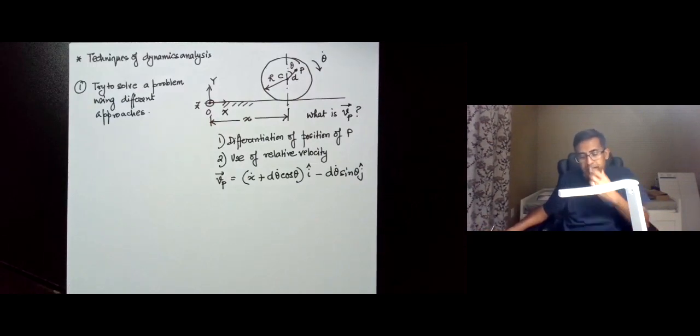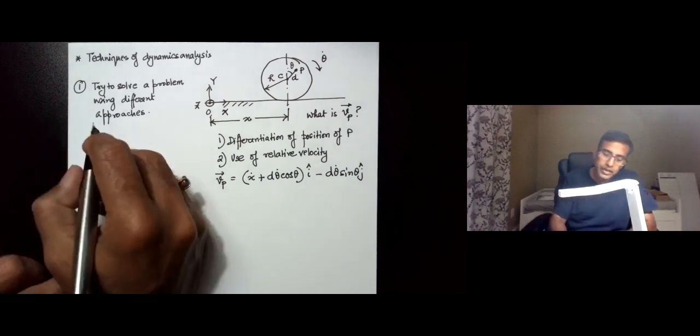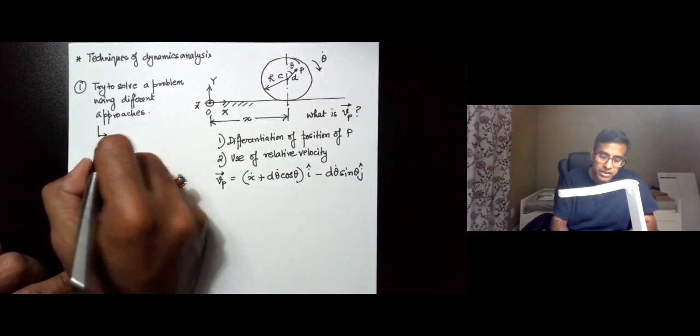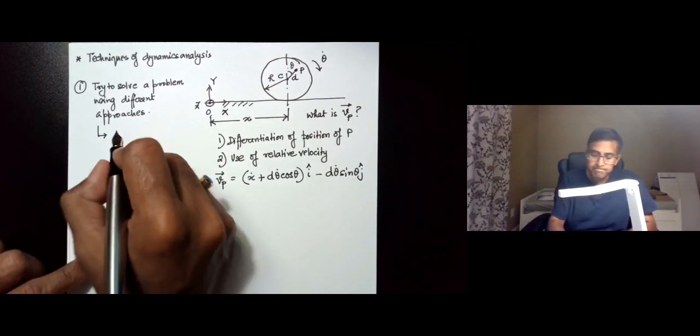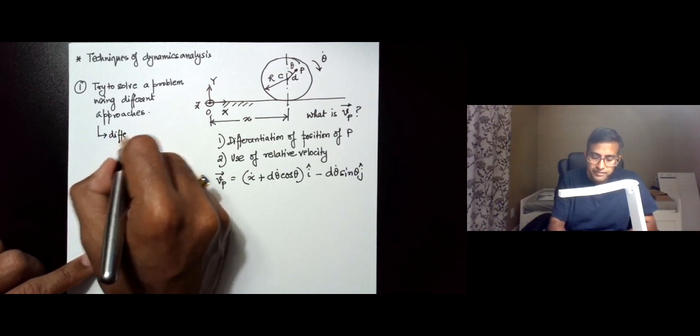It is almost like taking a particular problem and looking at it from multiple angles. It not only reinforces our understanding of the fundamental concepts of dynamics, but I think it also gives us a better appreciation and understanding of the problem. So when we say try to solve using different approaches, what I mean is maybe different techniques.